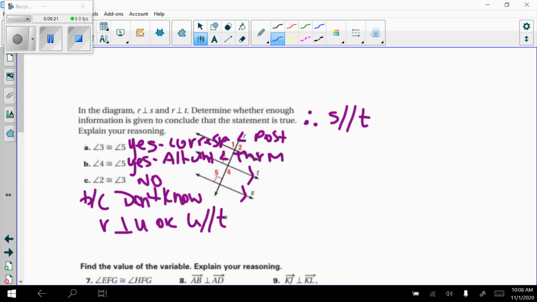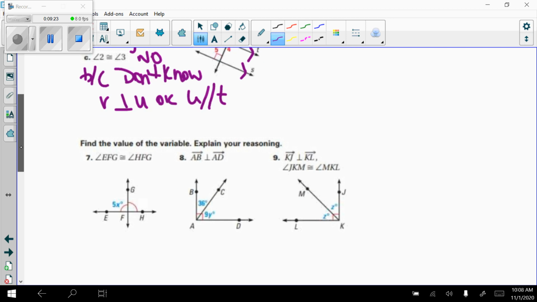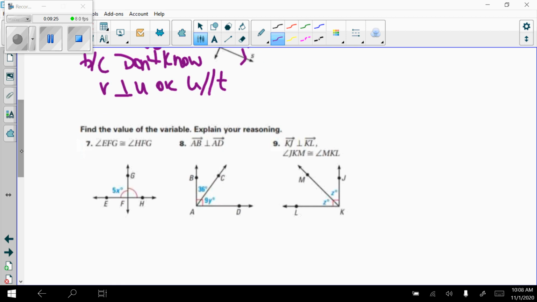Now we're going to look at some examples where we have to find the value of variables and explain your reasoning. So number 7, it says angle EFG is congruent to angle HFG. We want to know what is 5x. Together, these make up a straight line, don't they? So we know that together they have to equal 180 degrees. They're supplementary.